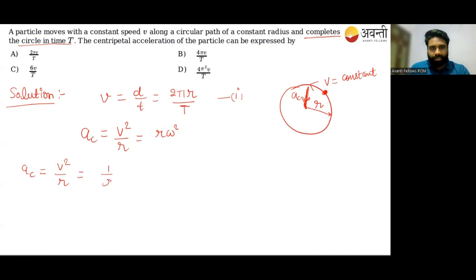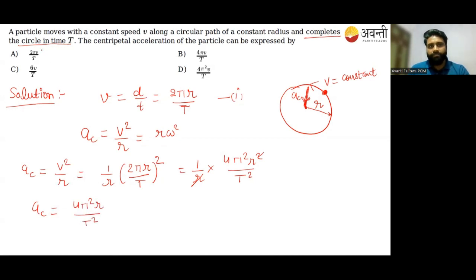So it is 1 by r into 2 pi r divided by capital T, square of it. So 1 upon r, 4 pi square r square by T square. This r would cancel out one power of r. So the final expression for centripetal acceleration that we got is 4 pi square r divided by T square.